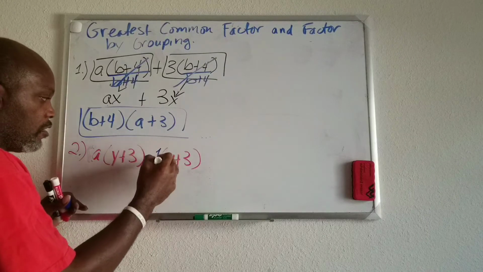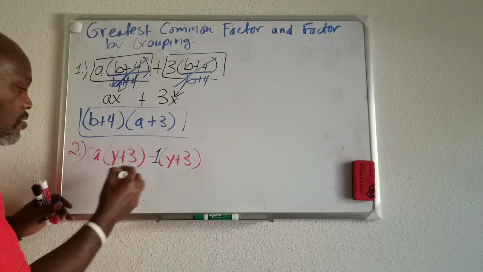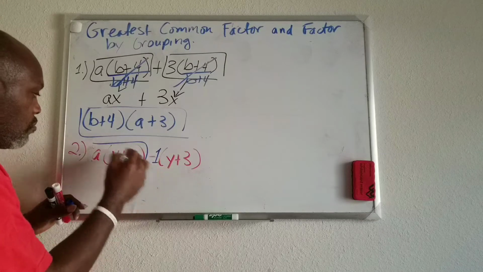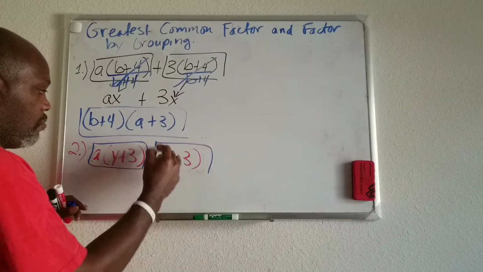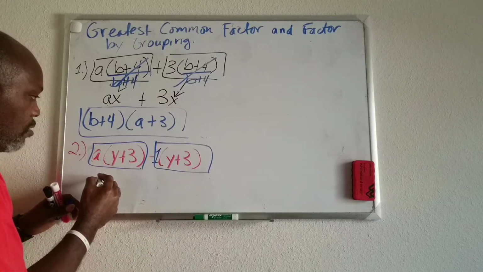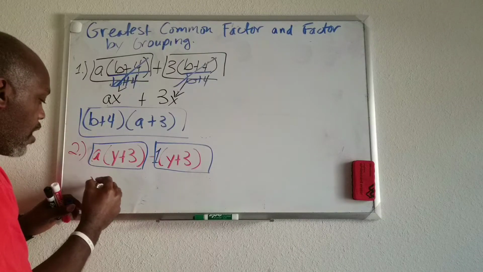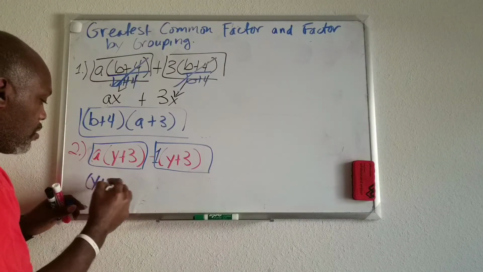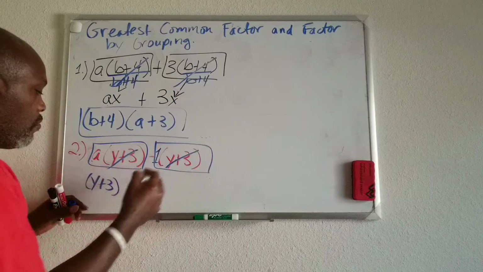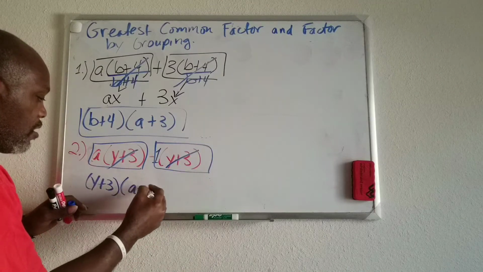But we can't forget that this is a negative 1. The greatest common factor between the two, okay, is y plus 3, right? That's going to reduce out, and we're left with a minus 1.